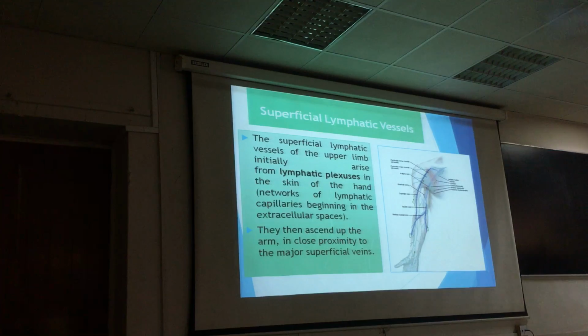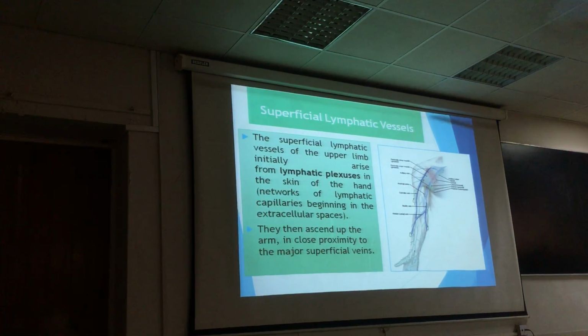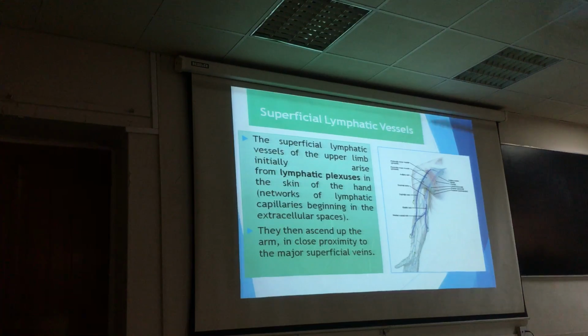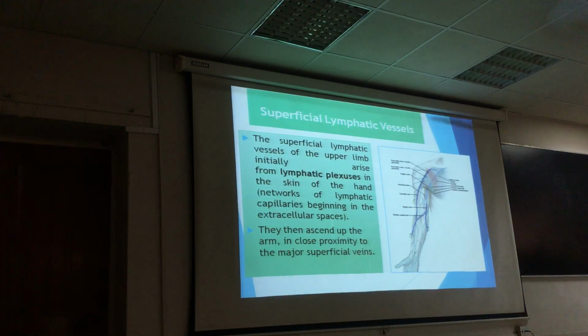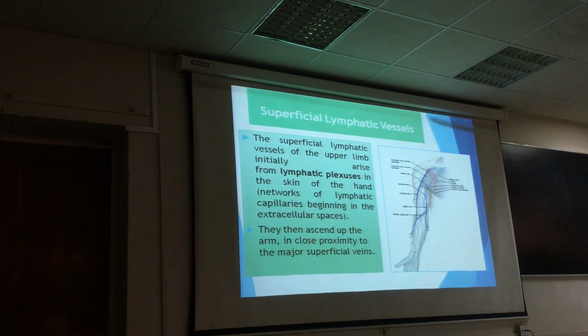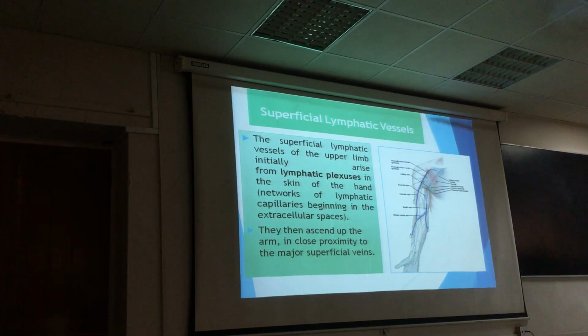The little finger side is taken as the medial side, and the side of the thumb is taken as the lateral side. Now there is a vein present on the medial side, and a vein present on the lateral side. If you look over here, this must be the lateral side because you can see the thumb, and this must be the medial side.